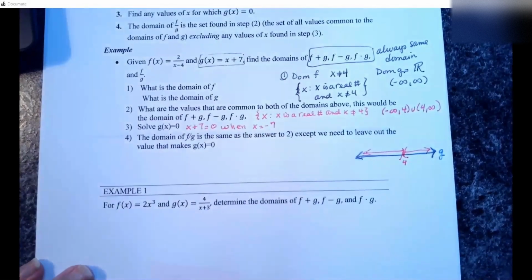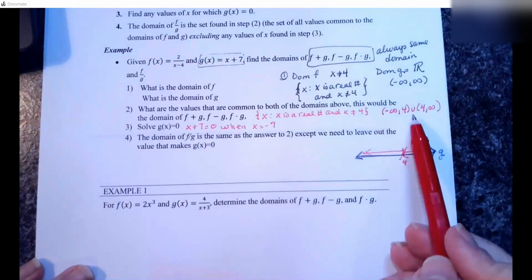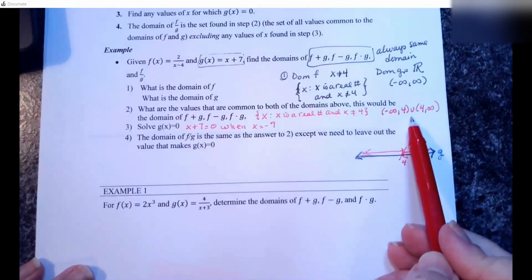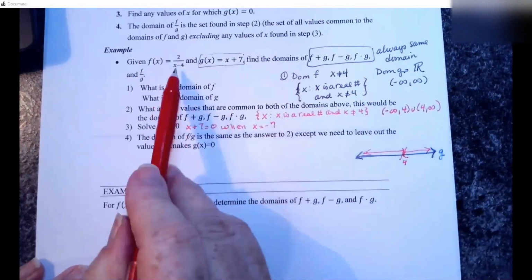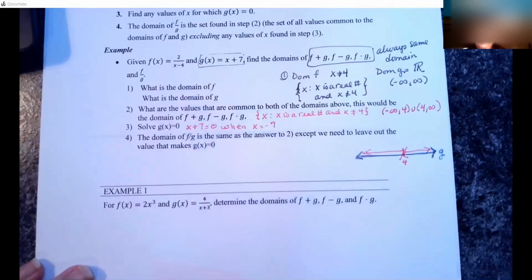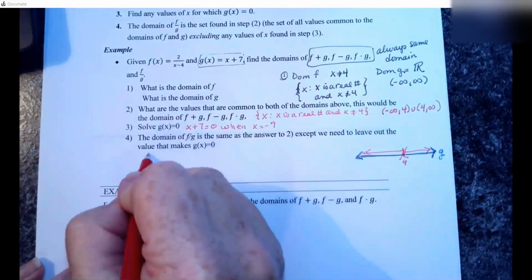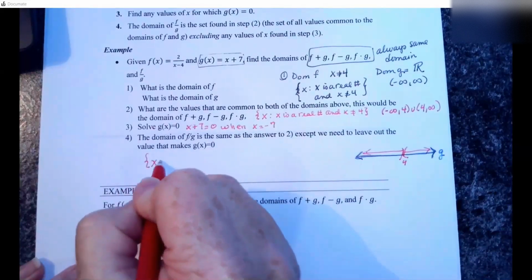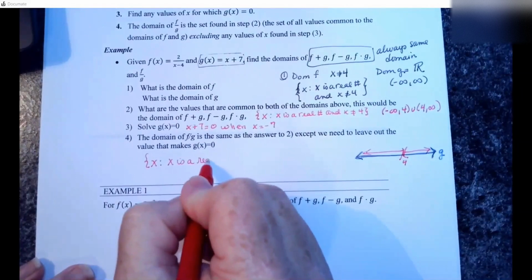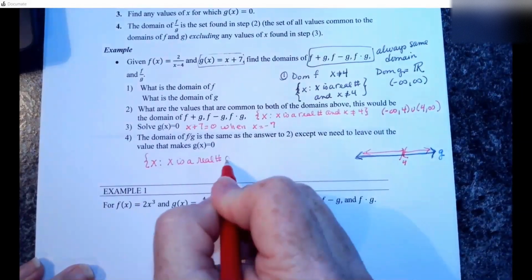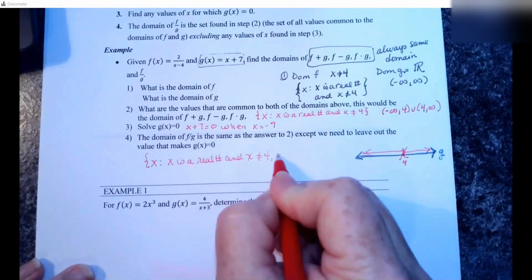So we'll have to take the domain that we found for the sum, difference, and product, and also leave out 7. We've already had to leave out 4 because it's not legal in this function. Now we have to also leave out 7. So the domain of F divided by G would be the set of all X such that X is a real number and X is not 4 or 7.